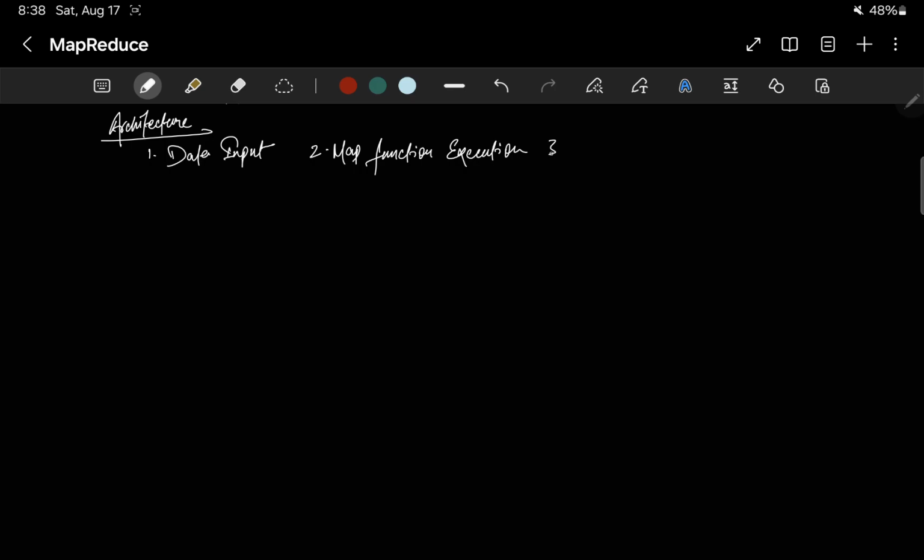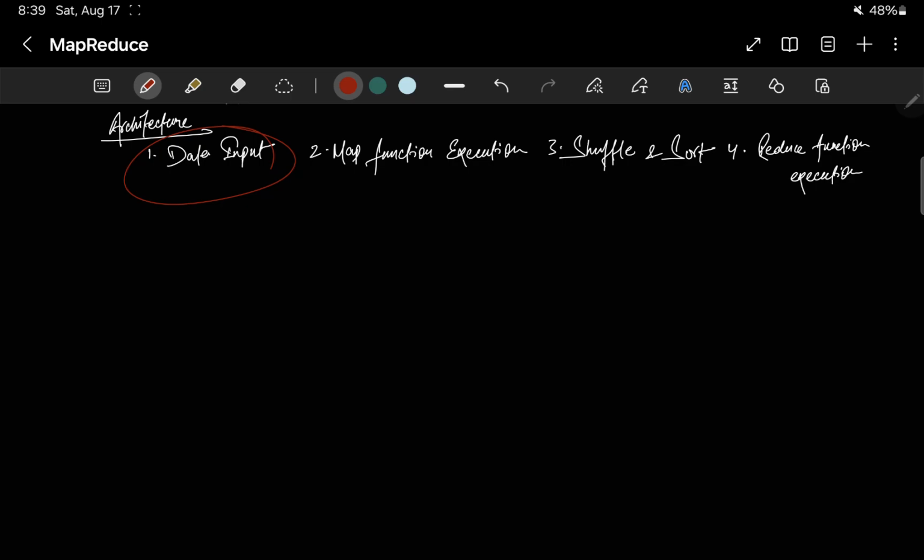Next is again shuffle and sort, and then reduce function execution. Okay. So what is data input?